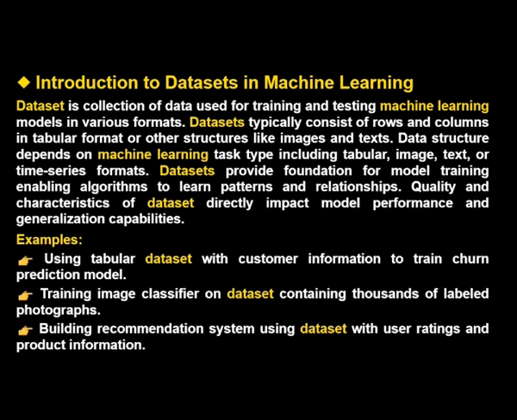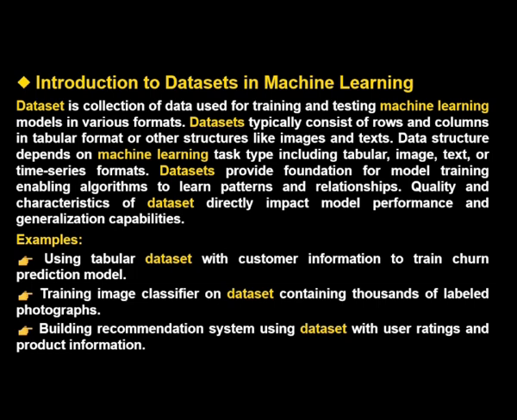A dataset is a collection of data used to train and test machine learning models. This data can be present in different formats, such as tables, images, text documents, or time-based records. The structure of a dataset depends on the type of machine learning task we are solving. For example, customer data is usually in tabular format.